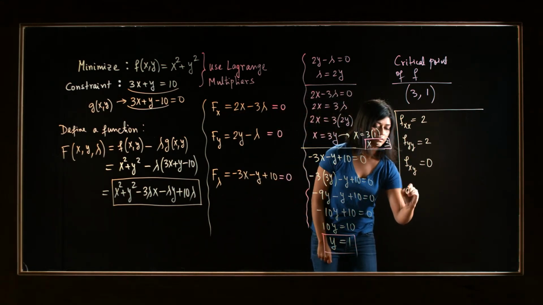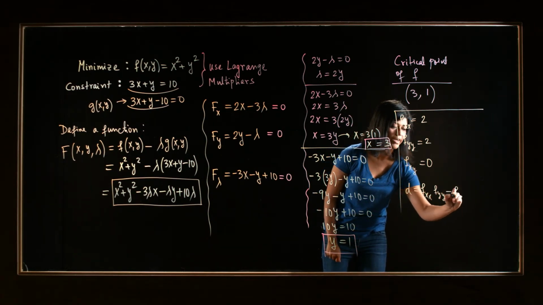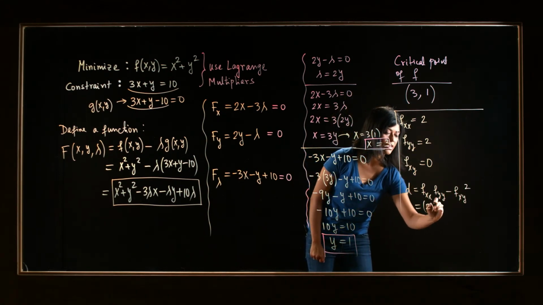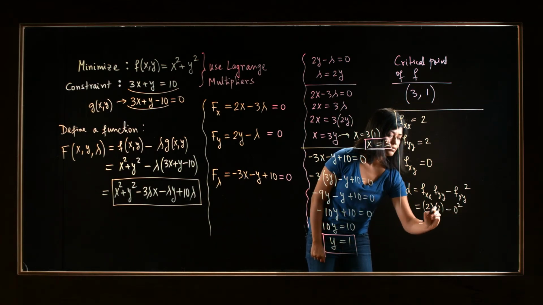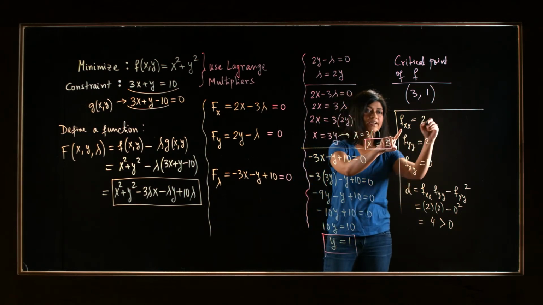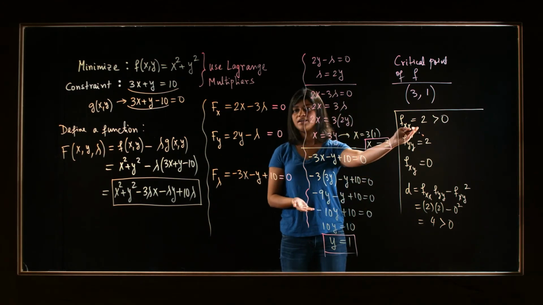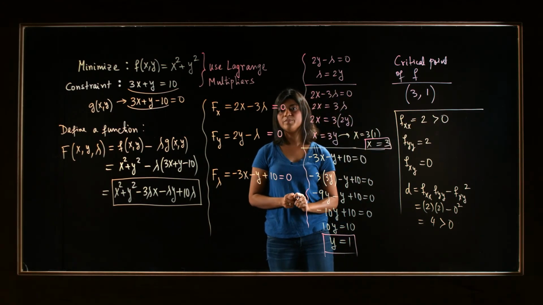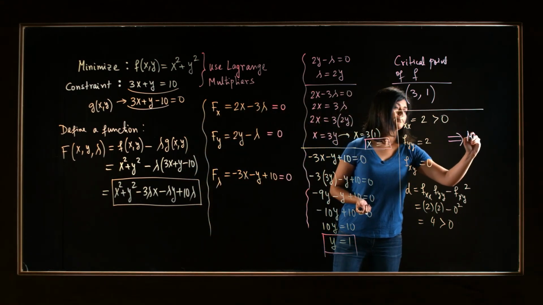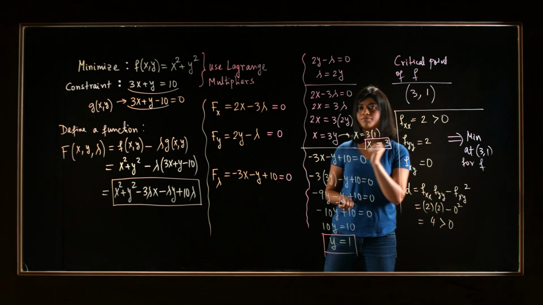And then find D. D is fxx times fyy minus fxy squared. So this will be 2 times 2 minus 0. So this is 4. Therefore, D is positive, and fxx, which is 2, is also positive. And you know, if D is positive and fxx is positive, that gives you a minimum. So this tells you there is a minimum at the critical number for the function f.